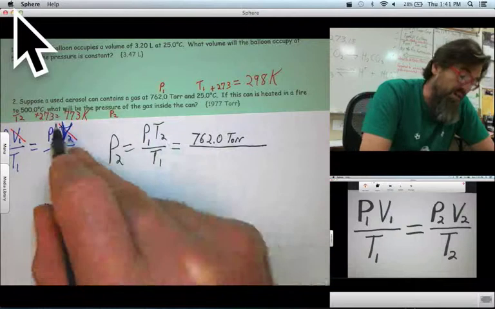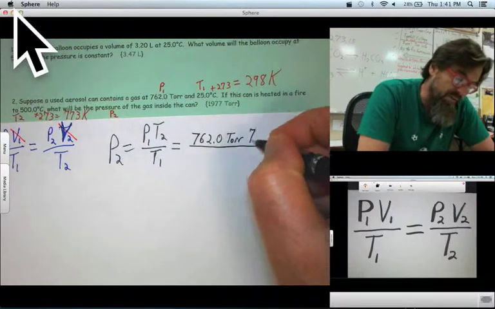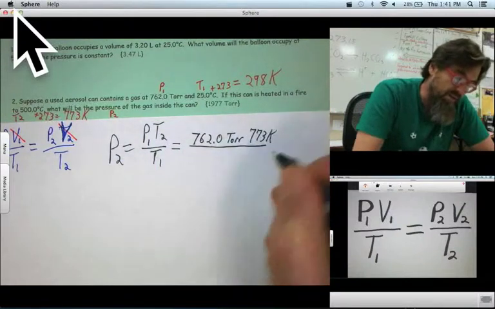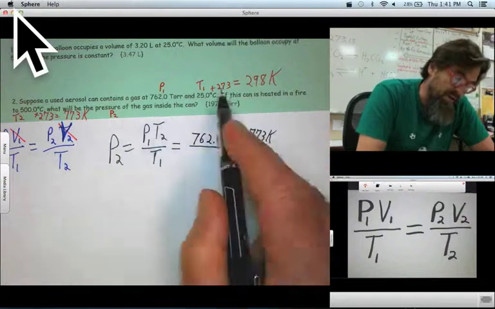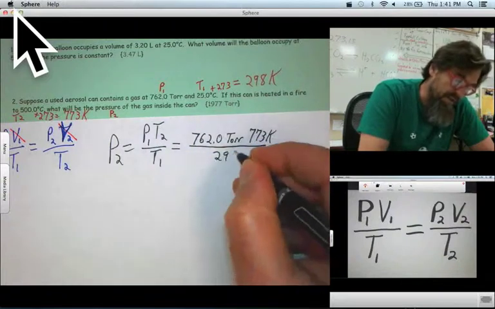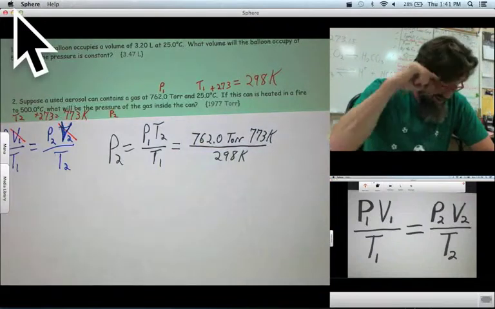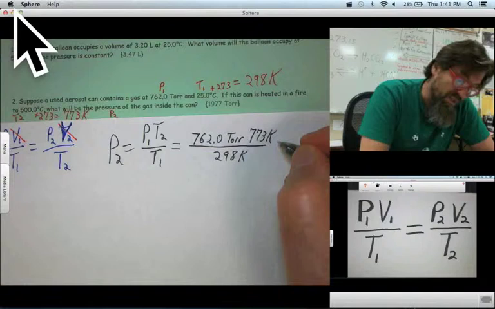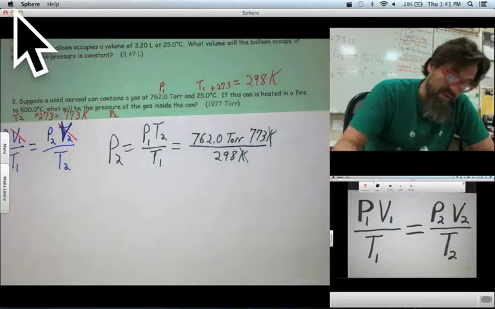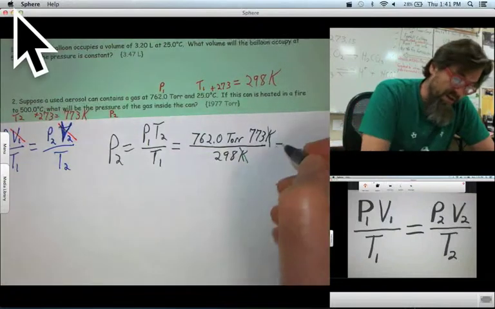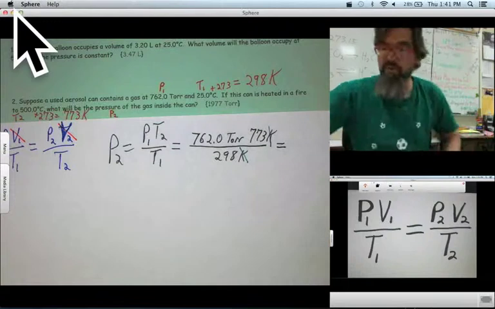So I look and I see T2 is 773 Kelvin over T1, 298 Kelvin. And we then cancel units and put an equal sign, and we do the math.